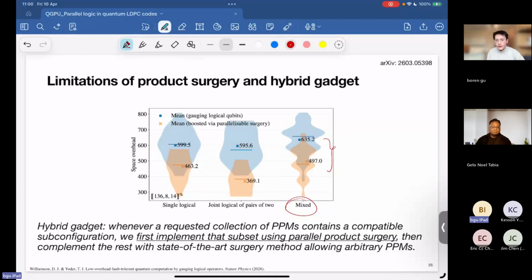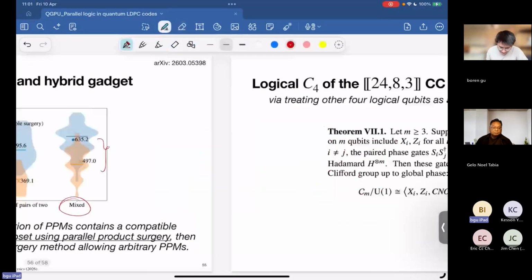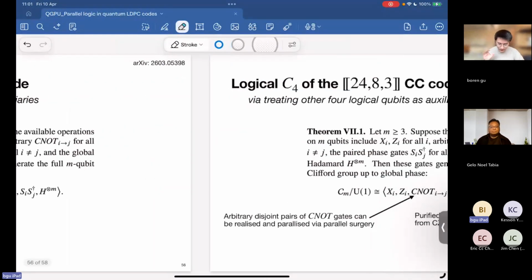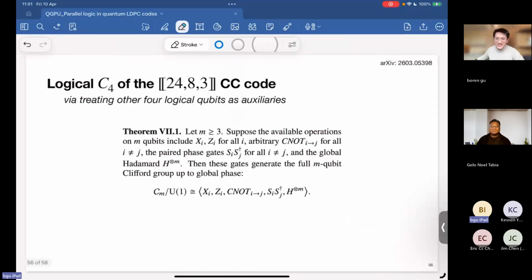And we are considering this 136 physical qubits code, so it is almost an n reduction. So it is quite good in terms of space overhead. Okay, so this is almost my last slide.